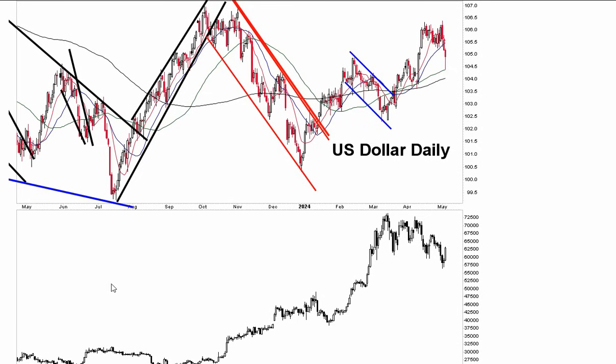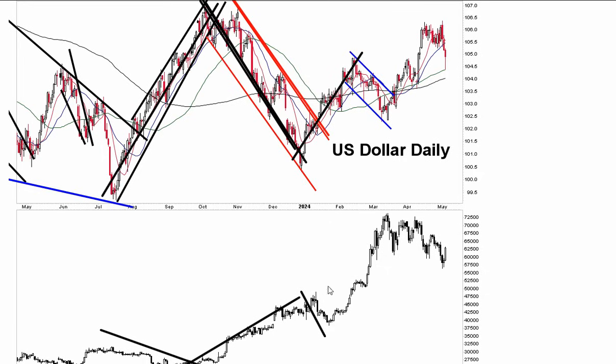As the dollar rose previously over here in the summer months of 2023, Bitcoin corrected; the dollar dropped, Bitcoin had an advance. Bitcoin corrected, the dollar rose. And here, Bitcoin advanced, the dollar declined. So again, the negative correlation: here we saw the sell-off, here we saw the rise.